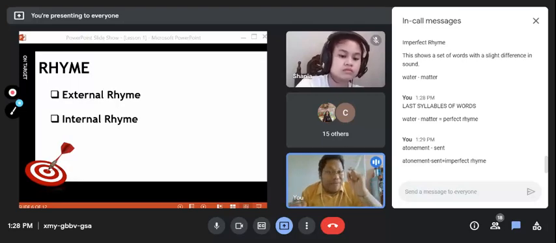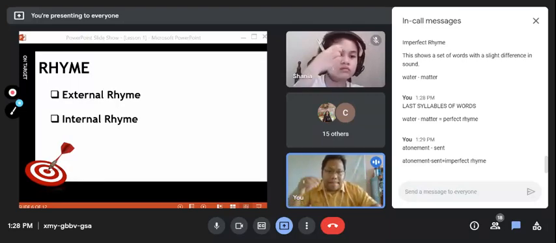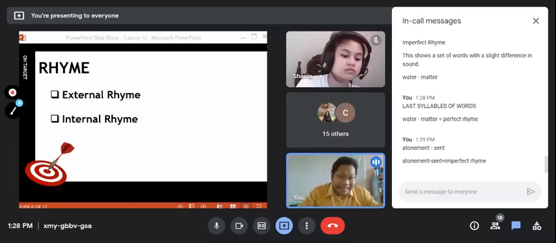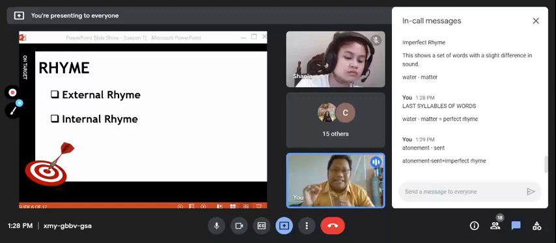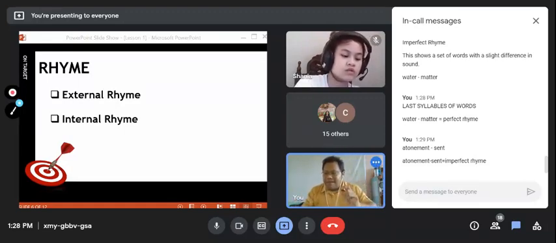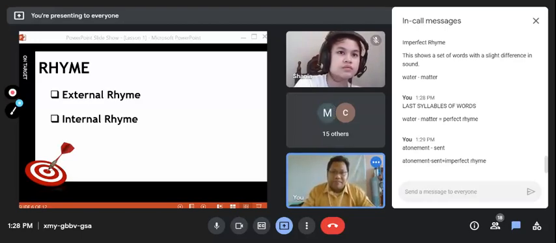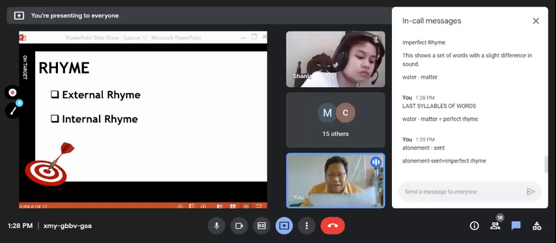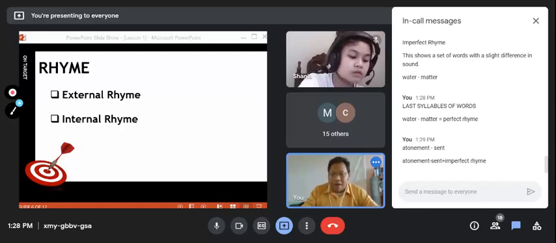So there's the slight difference. There's an m for meant and an s for scent. But they still rhyme because something's common with them, and that's the nt part. Because of the slight difference, the rhyme is imperfect. Don't worry, we'll have a continuation of this on Thursday before we check the activities found in your module.